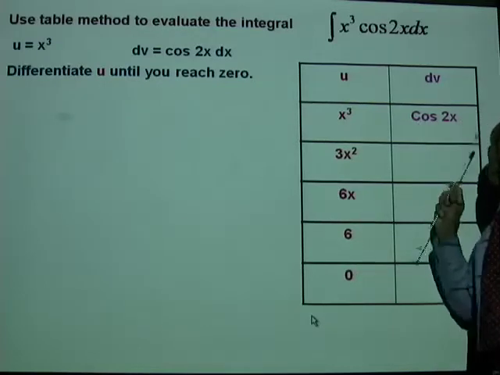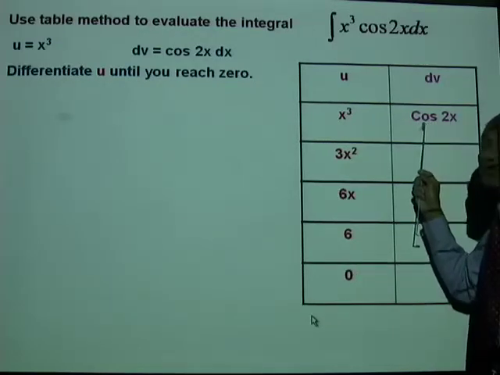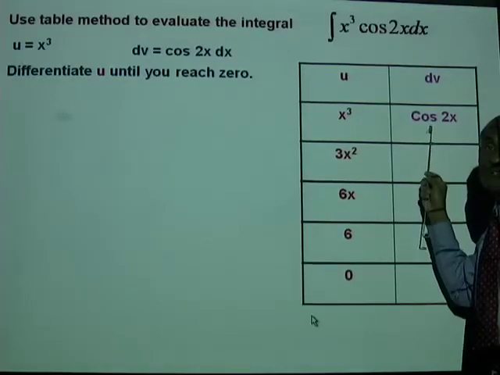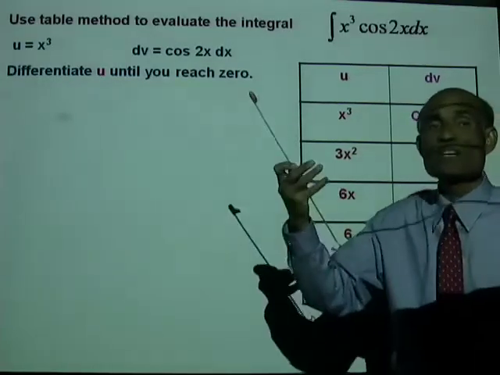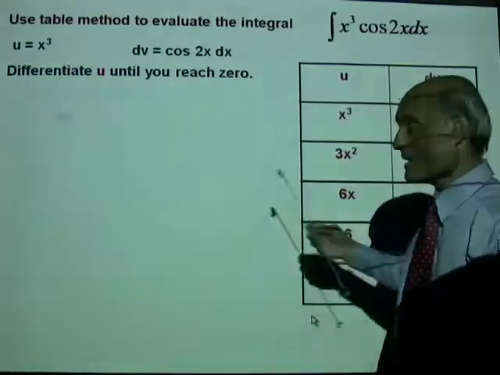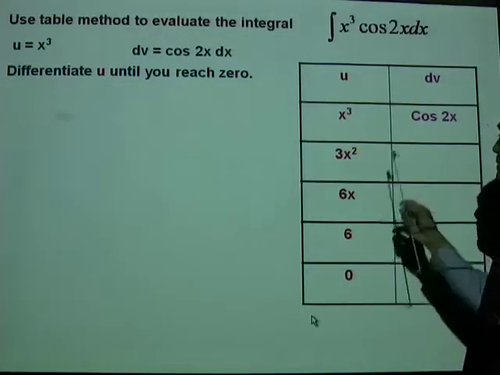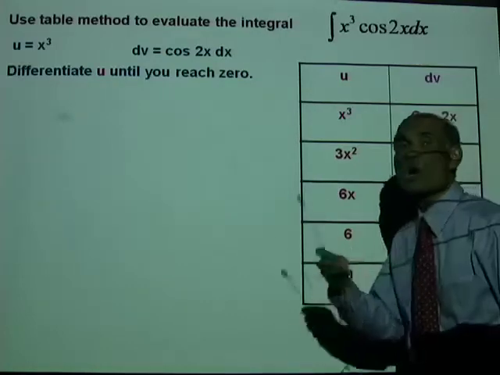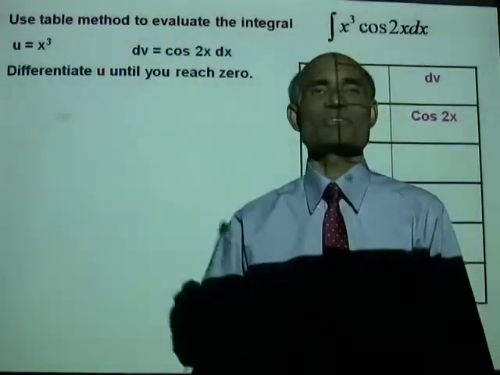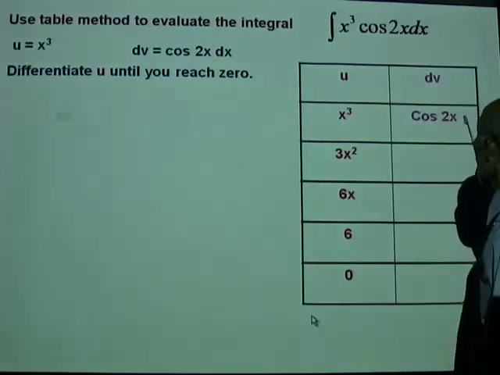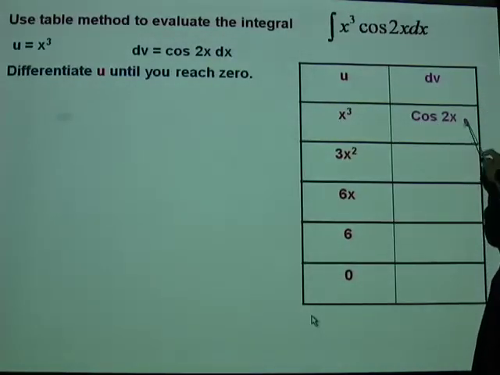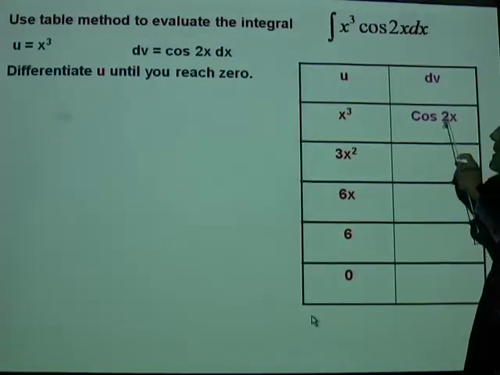Now on the right side, what do we do? We integrate dv. This is our dv. Integrate dv continuously until you reach the last row. What is the integral of cos 2x dx? There must be a dx there, because your dv is cos 2x dx, so don't ignore that.